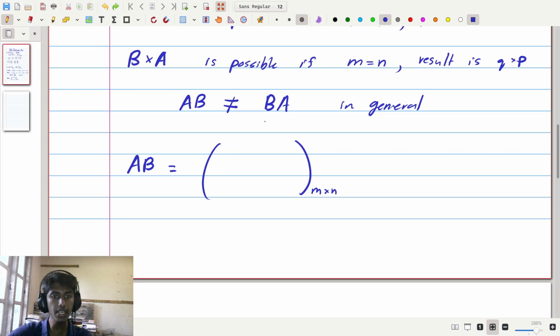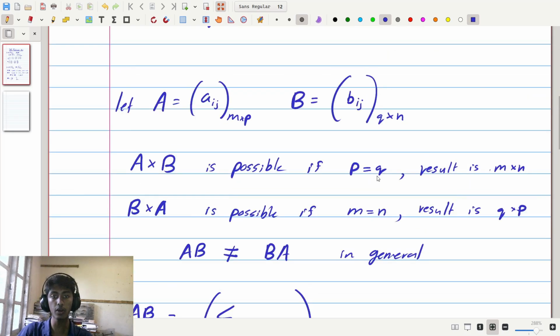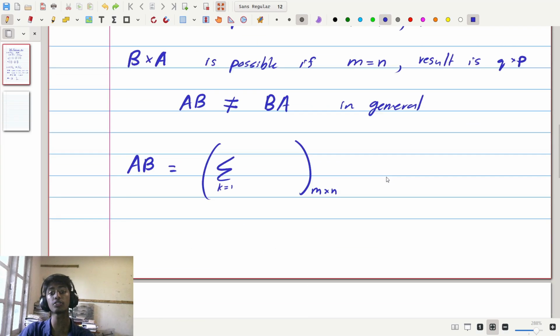It is going to be equal to the sum of terms from a counting variable, let's say k equals 1, until the final value, which is the value that's equal, in this case P and Q. So the value of P or Q, which in this case I'm going to just say P. So up to the value of P, we're summing a bunch of terms from k equals 1 until k equals P. And the terms we're summing together are A sub ik and B sub kj.